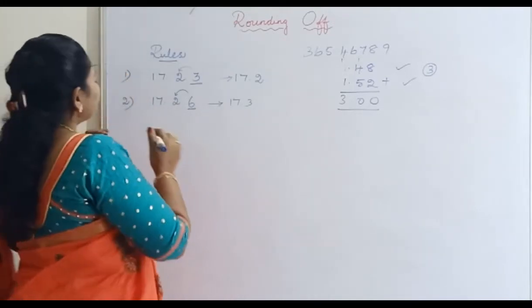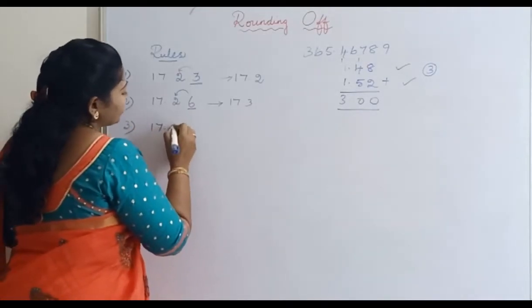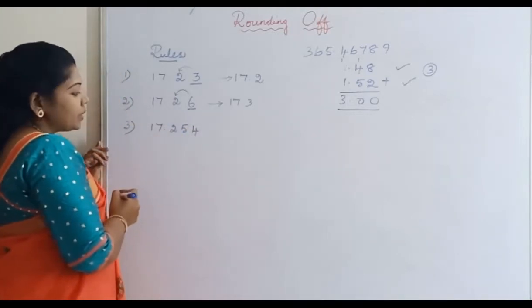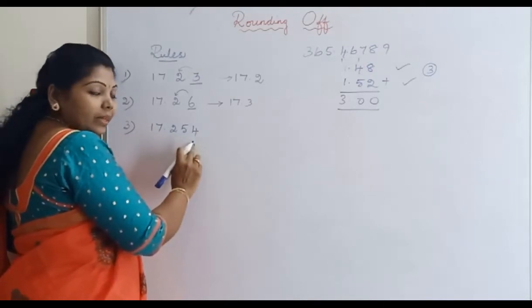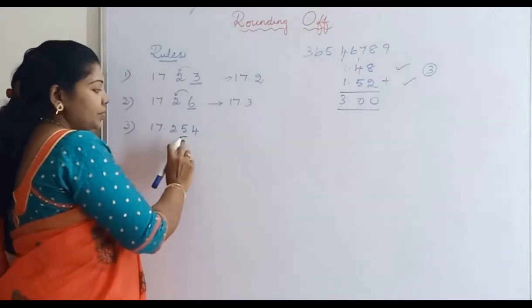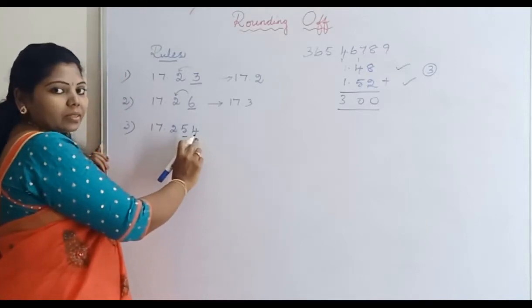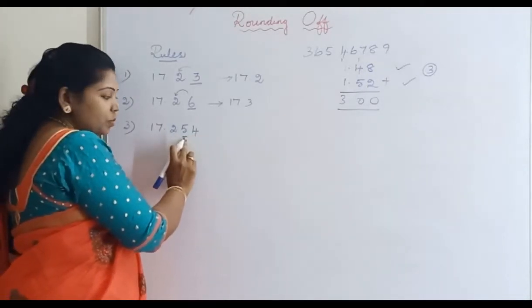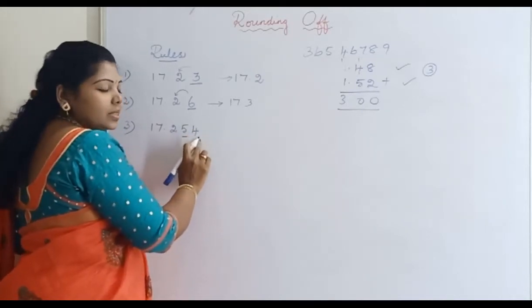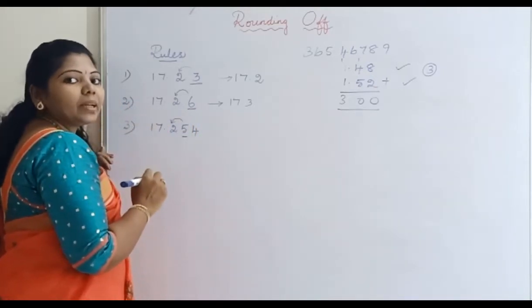The third rule is, if the number is 17.254, here we are going to round off again to 3 significant figures. See the fourth digit. If the number to be dropped is 5 followed by a non-zero digit, then the preceding digit should be increased by 1.